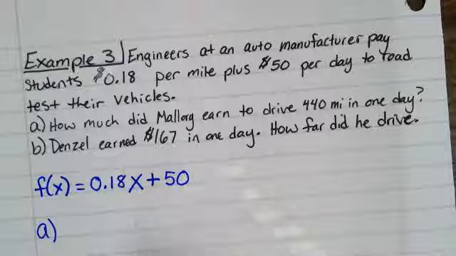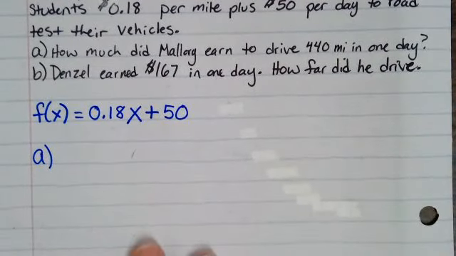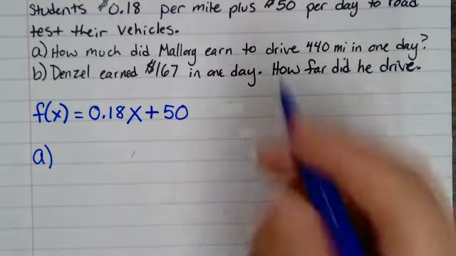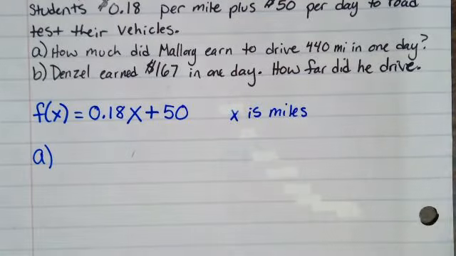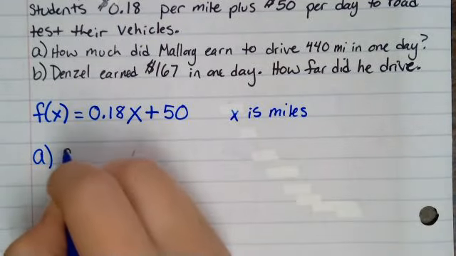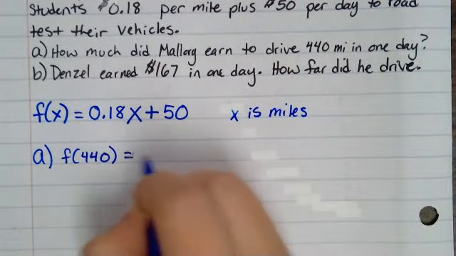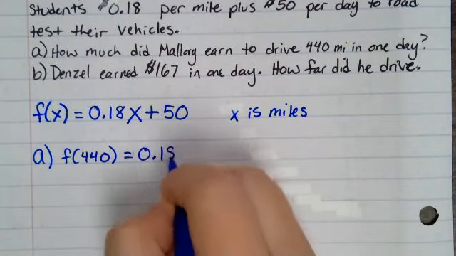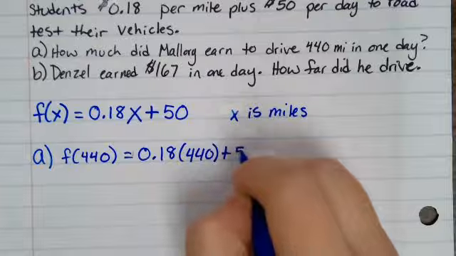But how about working out our problems? So it says, how much did Mallory earn to drive 440 miles in one day? So remember that x is miles in this case, right? So if Mallory drove 440 miles, the easiest way to set this up is to let x be 440. So I'd have 0.18 times 440 plus 50.